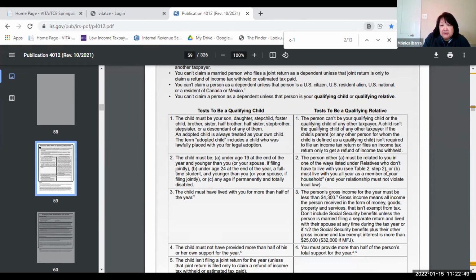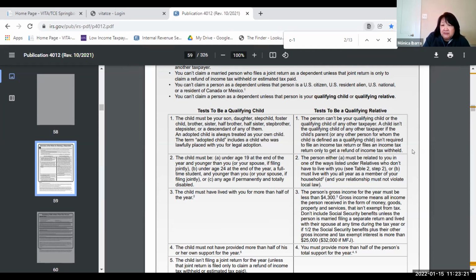There is a relationship test here, or there's like an exception. Because a person can be a qualifying relative who really isn't related to you. And that's 2B, a person who lived with you all year as a member of your household.